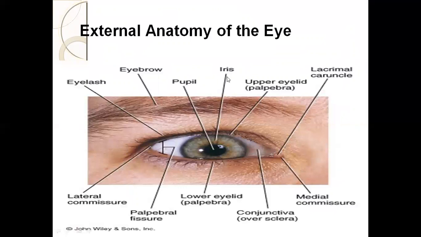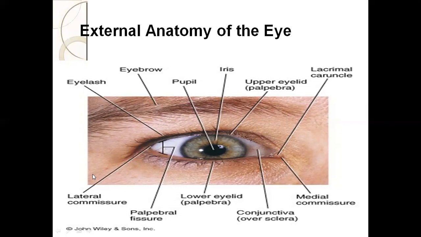Then this is the external anatomy of the eye, meaning the structures which support the eye externally. First are the eyebrows, then the eyelashes, then the eyelids. This is the upper eyelid and this is the lower eyelid. Both together form the palpebral fissure.